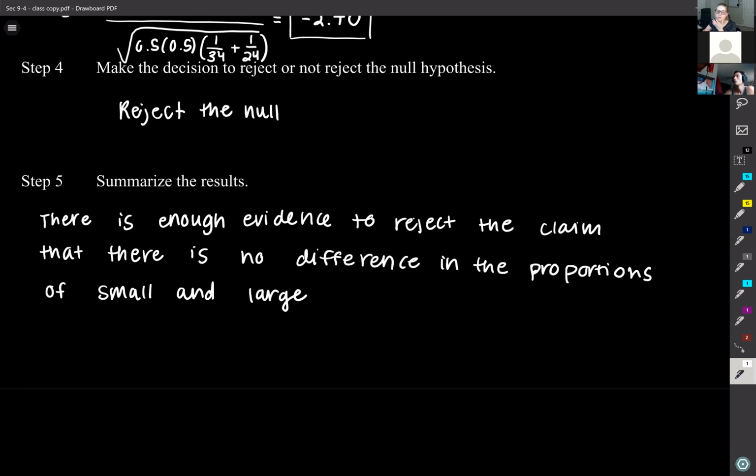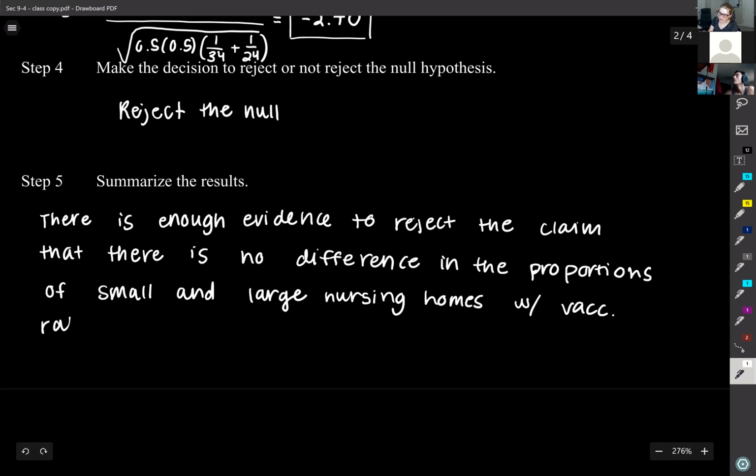This is like the longest conclusion I've had to write in this class so far. Small and large nursing homes with vaccination rate of less than 80%. There we go.